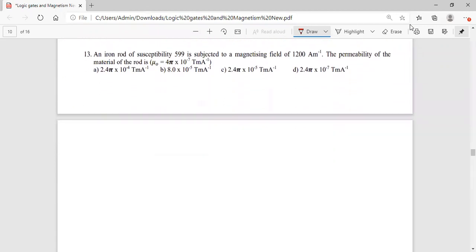Next one, an iron rod of susceptibility 599. Susceptibility means chi is equal to 599. It is subjected to a magnetizing field of 1200 ampere per meter. Magnetizing field means magnetic intensity H, so H is equal to 1200 ampere per meter.